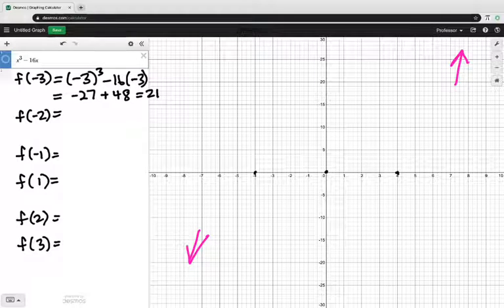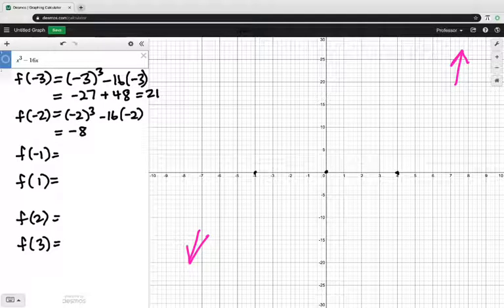We can go through and find all of these function values just by plugging in. When you find negative 2 cubed minus 16 times negative 2, that's going to give you negative 8 plus 32, and 32 minus 8 is 24. So you can do these. These are just arithmetic, plugging in numbers.